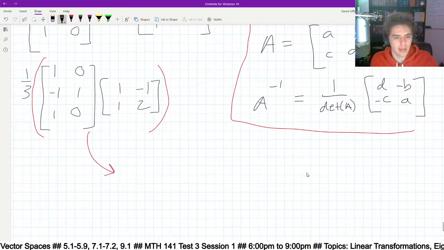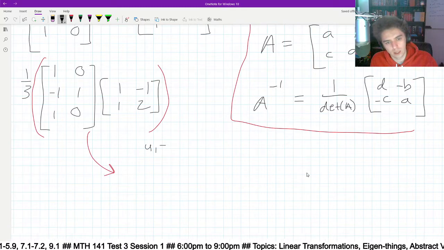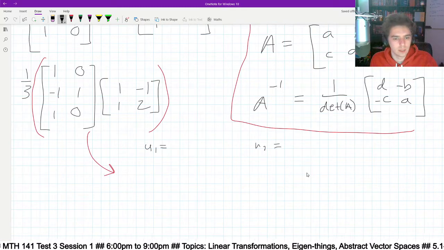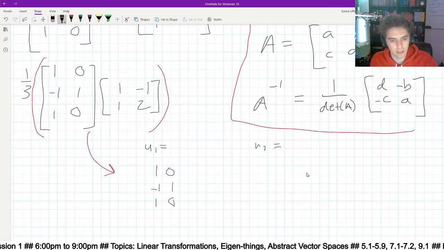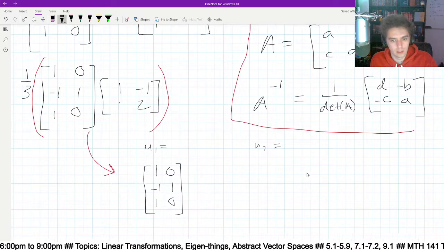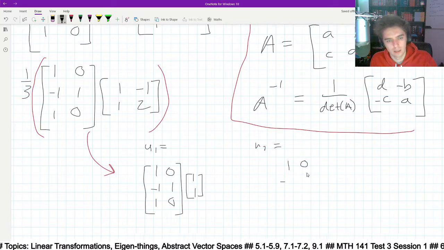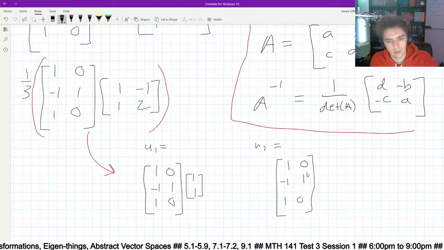So I know my answer is going to have 2 columns. So I say U1 is the first column and U2 is the second column. So U1 is going to equal the left matrix times the first column. And U2 is going to be the matrix on the left times the second column.